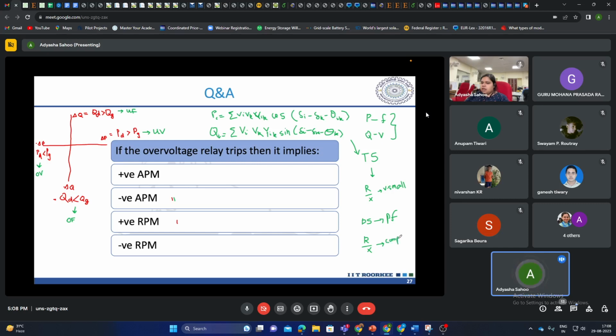So why does this happen? Can anyone take a guess why the R by X ratio is very small in the transmission system, but for distribution we have comparable values? The conductors used in distribution systems are very small, with a very low area of cross section, and for transmission we generally use larger conductors, depending on the rating, and secondly the length of feeders.